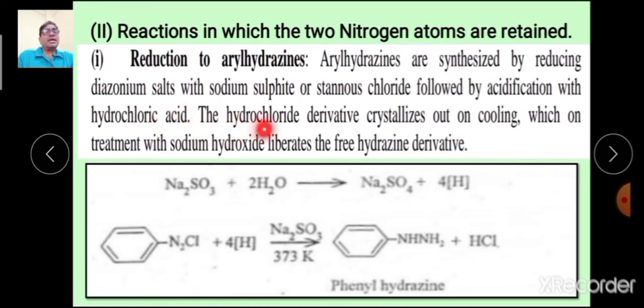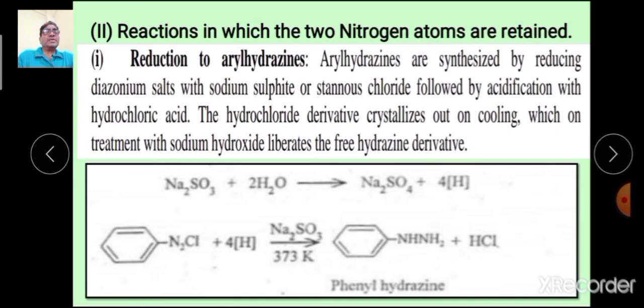This hydrochloride derivative crystallizes out on cooling, which is decomposed by alkali, sodium hydroxide, to liberate the free hydrazine derivative.